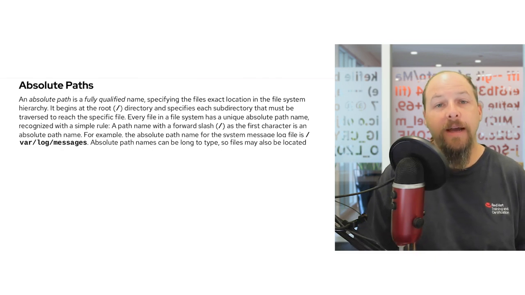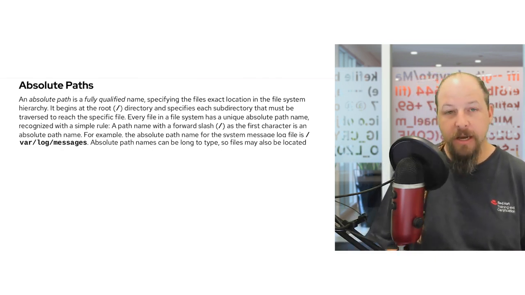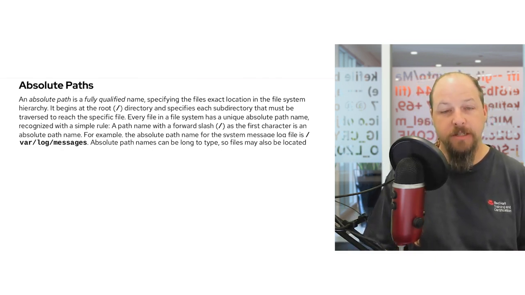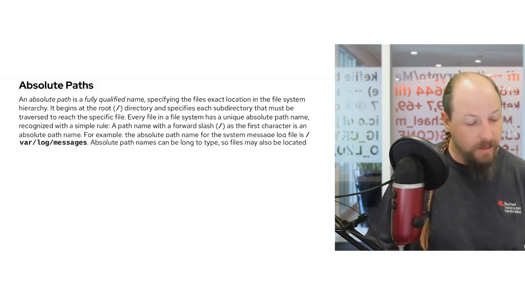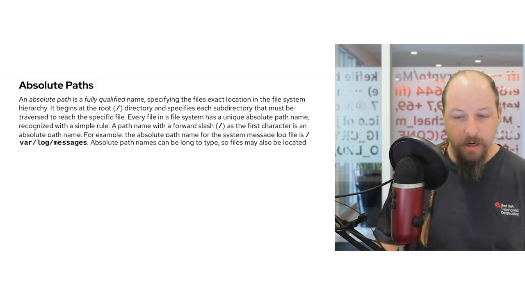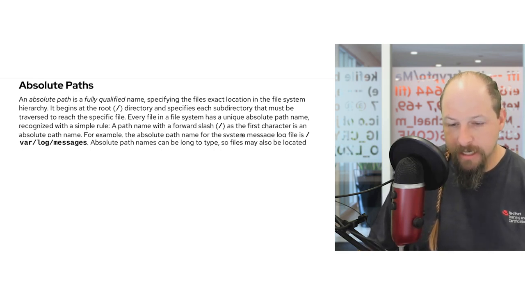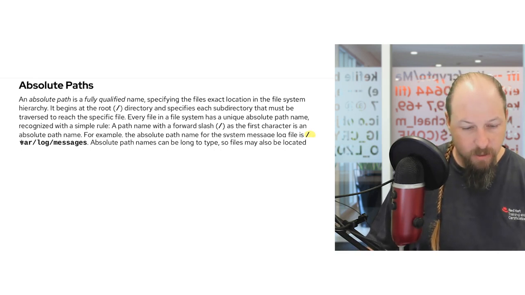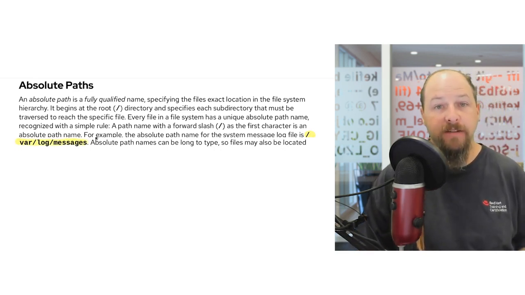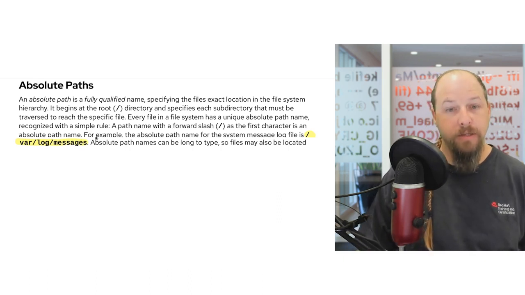In this way, if we had a file named messages in the location /var/log, we can see that the location that would denote is written out as /var/log/messages. But please be aware that we start with a slash and then move through the various directories down to the final location of the file name, yielding the absolute path.